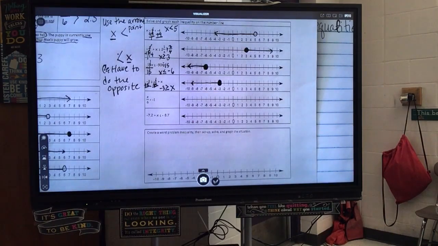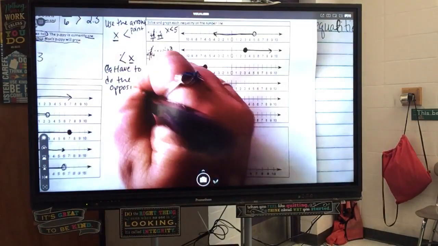Divided by 6 is less than negative. Thank you, Alexa, for volunteering. So how do we get x by itself? Okay, and why are you multiplying by 6?